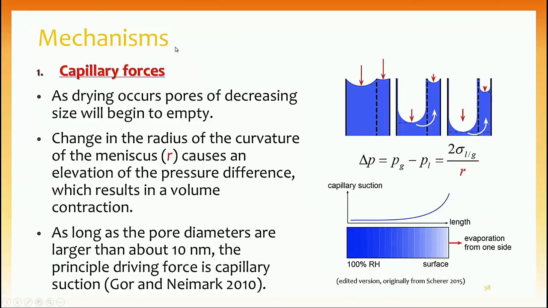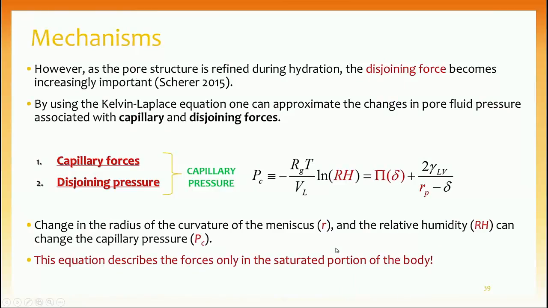And this capillary force is the prominent mechanism when the pores are larger than 10 nanometers. But when they start to refine and become smaller, there is another mechanism that can contribute to this drying shrinkage, and that is the disjoining force.